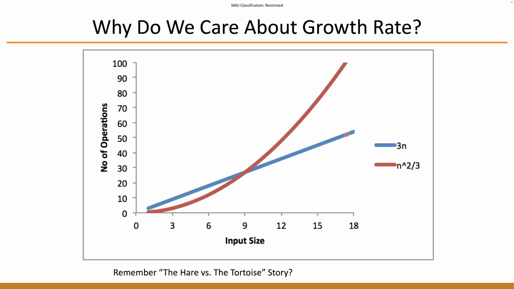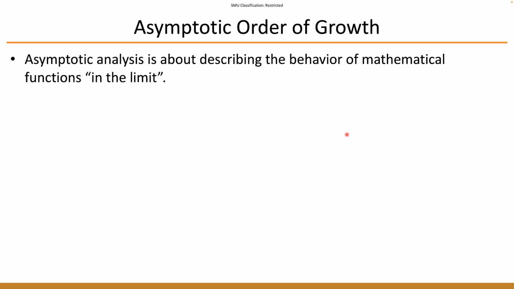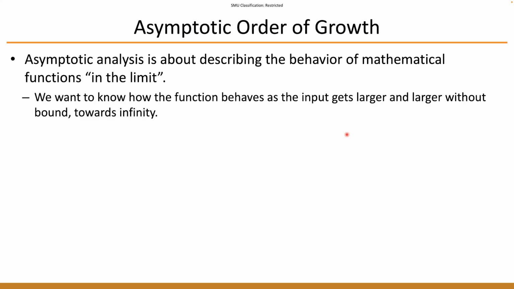So when should we stop? I think this is a natural question to ask if we want to just keep increasing the input size. So in our analysis, we focus on what we call asymptotic analysis. It basically means that we want to find out the behavior of the algorithm in the limit. It means that we want the input size to grow larger and larger.